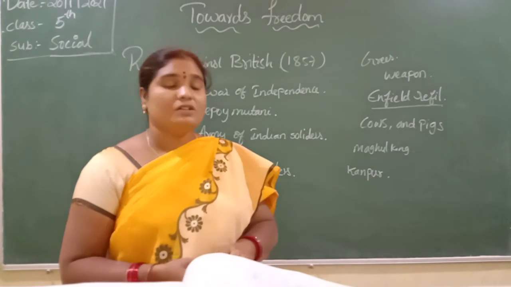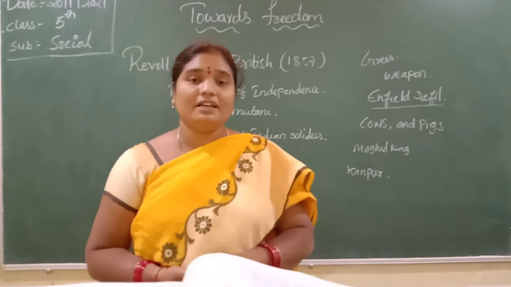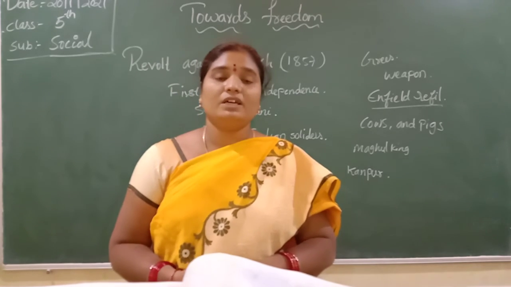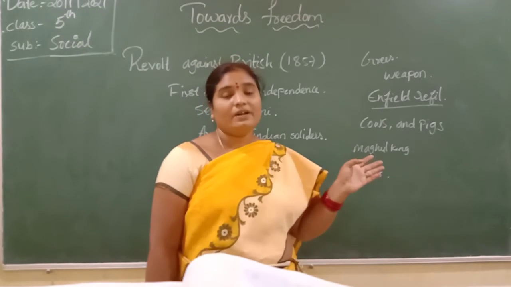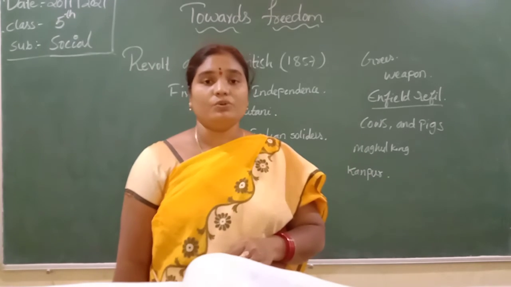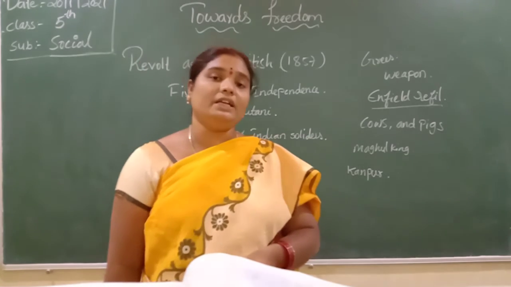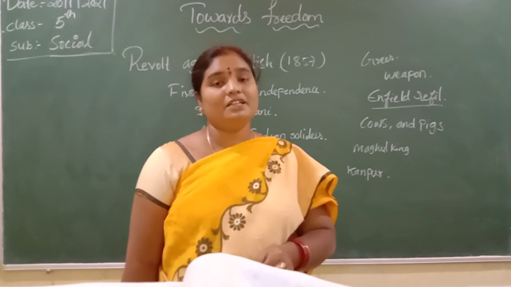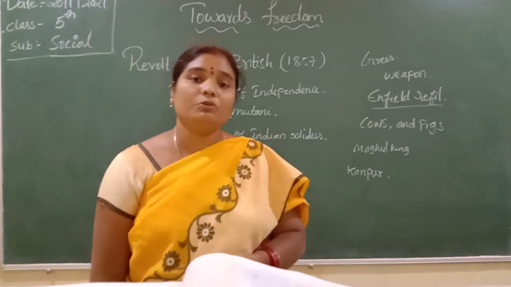Next, the revolt did not spread through the large part of our country. Only a small part of the country and a small part of the people came forward to fight against the British. There was no unity, the Indians did not have good quality weapons while the British did, and the revolt was not spread throughout the country.